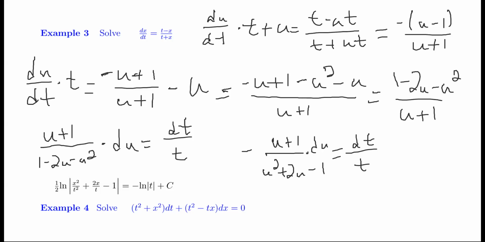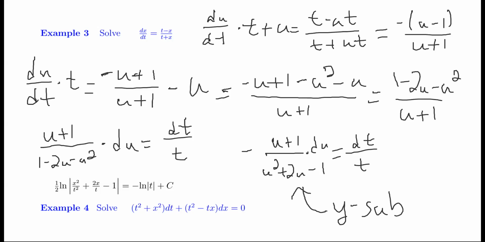So now we need to integrate both sides. We integrate the left with respect to u, and we integrate the right with respect to t. Okay, so go ahead and do that. This is a u substitution problem. Here, I'm going to call it a y sub because we have already used u as a variable. So do a y substitution with y equal to u squared plus 2u minus 1.